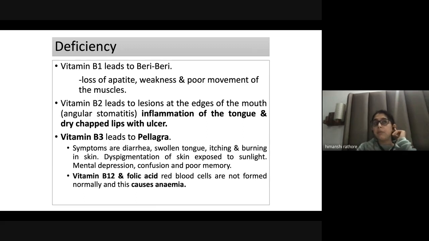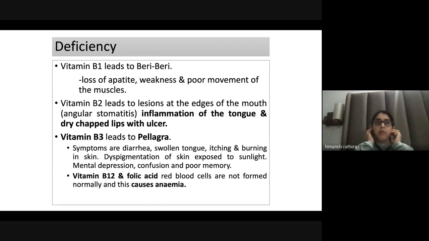And when you develop ulcers in the mouth, what does the doctor advise? The doctor always gives you vitamin B capsules, because ulcers develop in the mouth when you are deficient in vitamin B2. Clear?